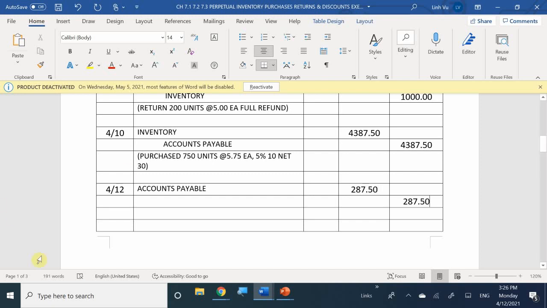And where am I taking it directly out from? Inventory, right? We essentially returned our inventory, so we're going to take it out of inventory. So again, return 50 units at $5.75 each for full refund.